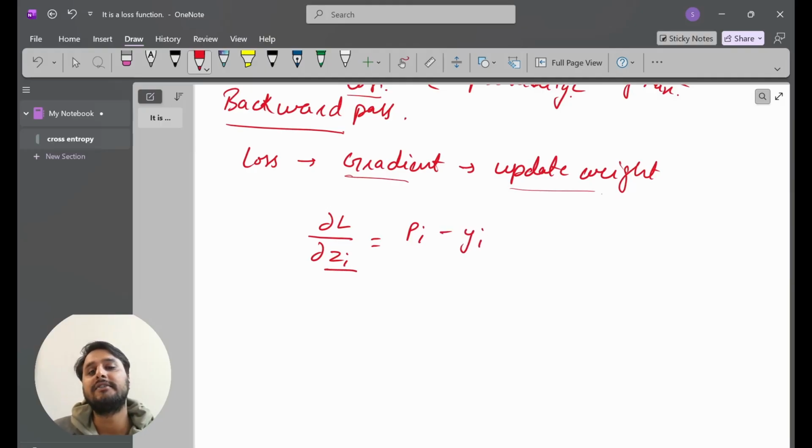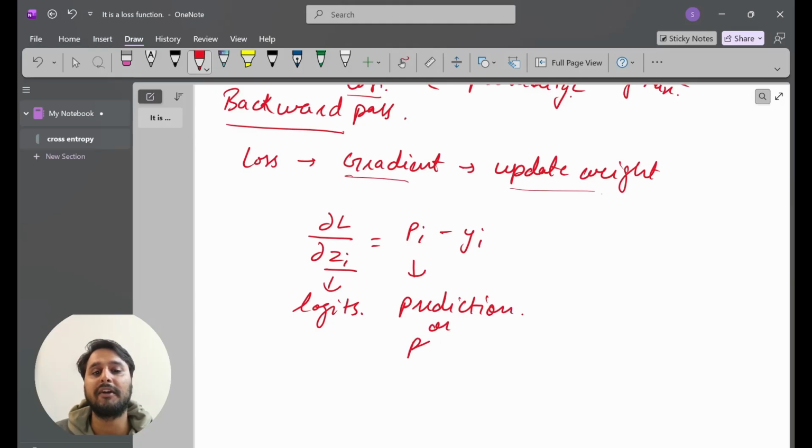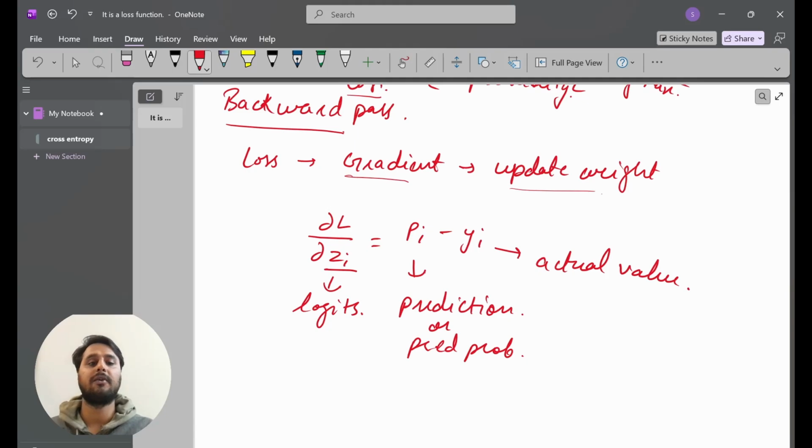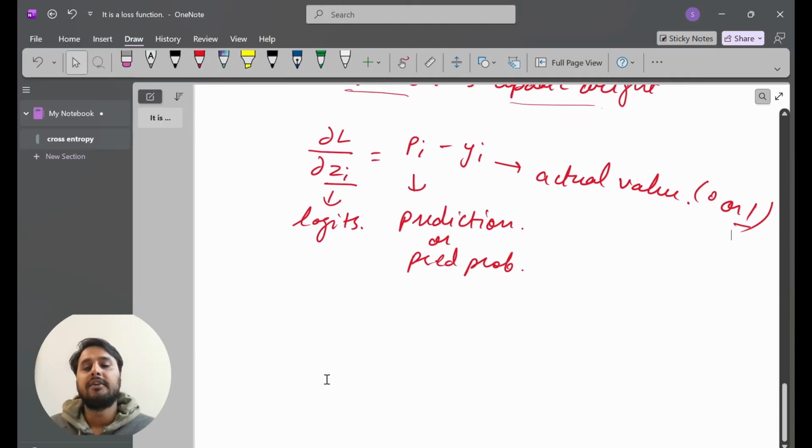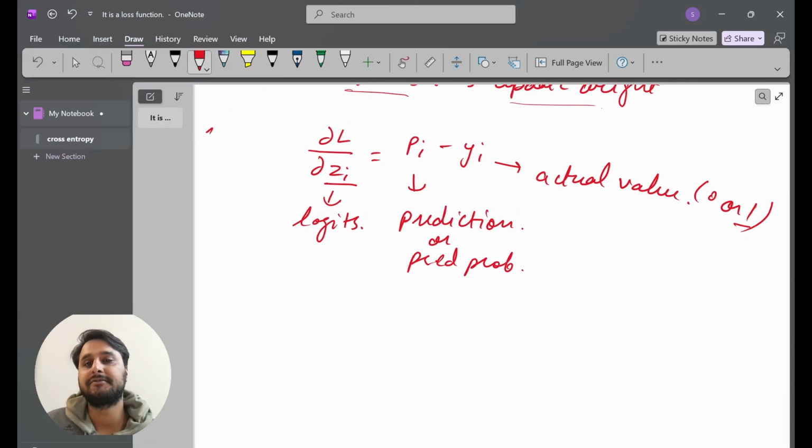Here Z denotes logits, Pi denotes the predicted probabilities, and Yi is the actual value, which is 1 for the true label and 0 for the other classes. So this is the formula of the gradient.